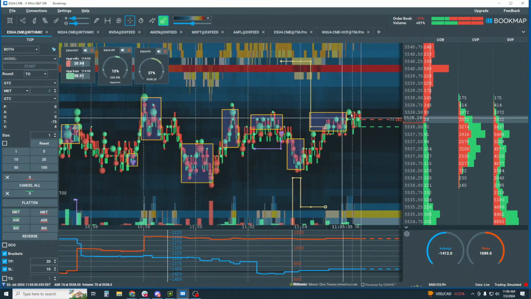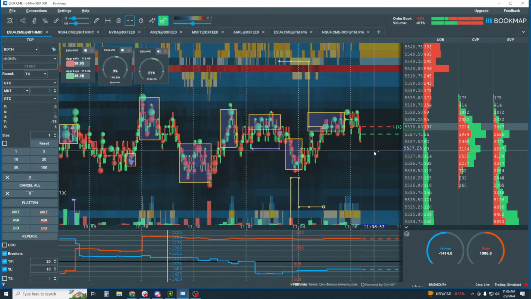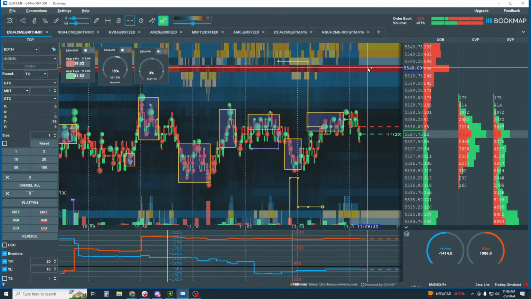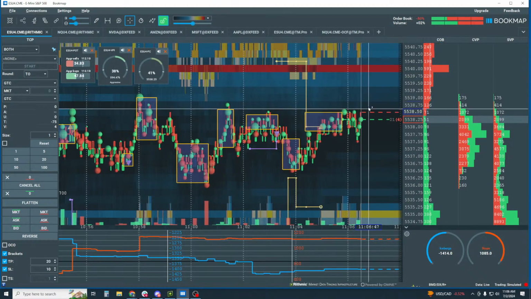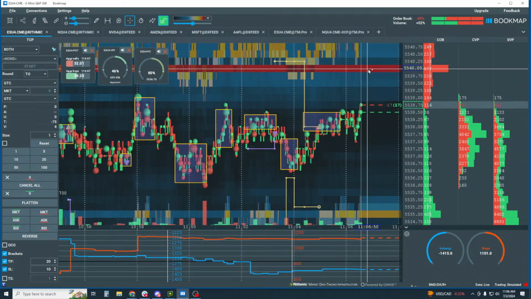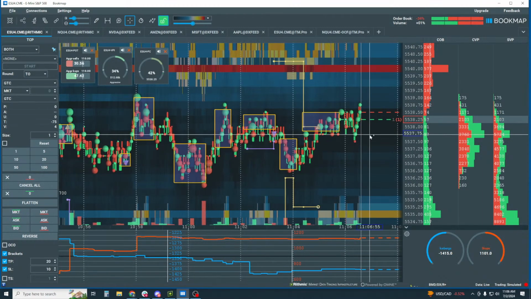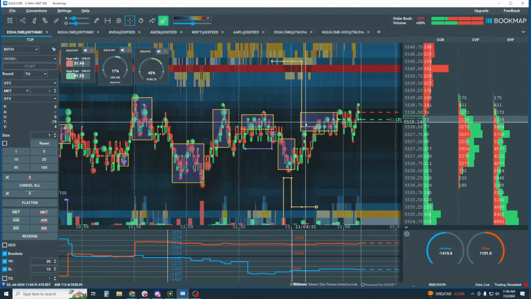We're still finding demand up in these areas. We don't see much on the bid though, but the supply up here is holding pretty firm at 40. So if these buyers want to meet the sellers, this is where they are, and that's what we've been covering the majority of the webinar. Does that make sense? Is that clear?